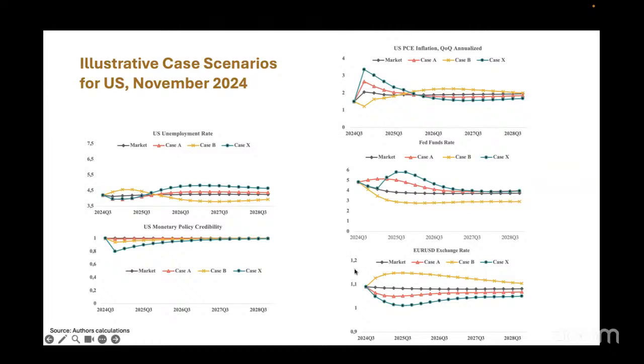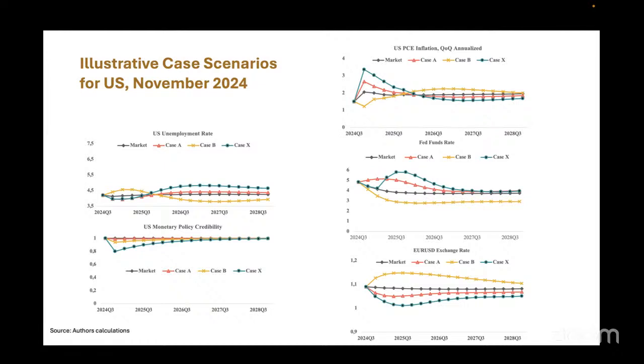And also in the case A scenario, there is a euro depreciation going on, because as the Fed raises the interest rate, the dollar will appreciate because of capital imports.